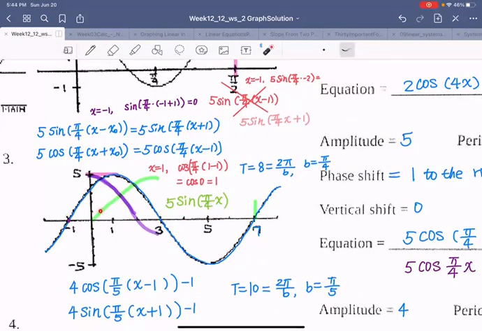The real one is the green one shifted to the left by 1. We learned in algebra 1, algebra 2, if you shift to the left by 1, you are going to have a parenthesis, x plus 1.